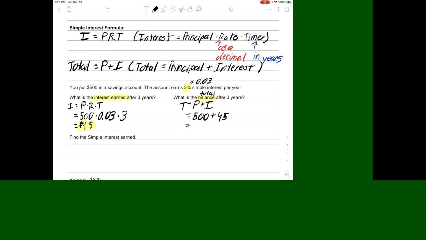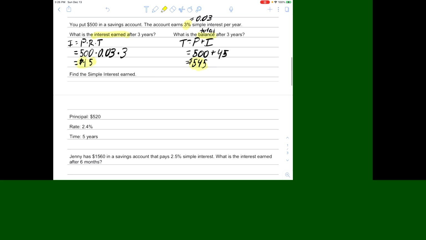That means my total amount in the account after 3 years is $545. And that's it. So 2 steps. The first step is finding just the interest, for which we use the formula interest equals principal times rate times time. And then the second step is finding the balance, the total amount, which we take the principal and we add the amount of interest.